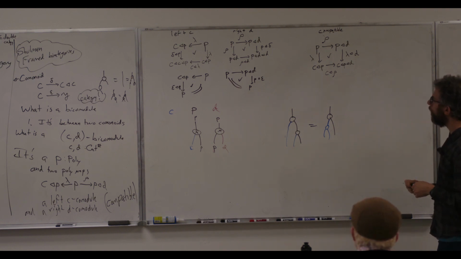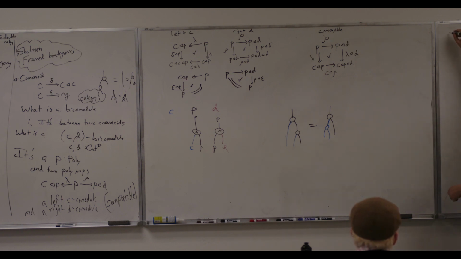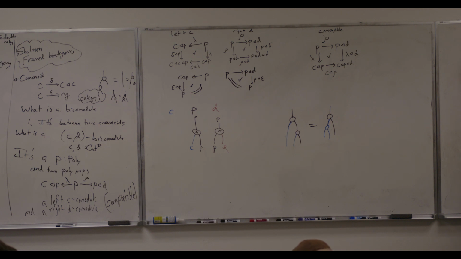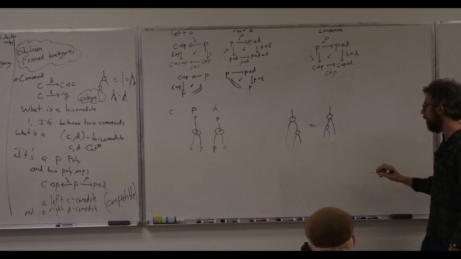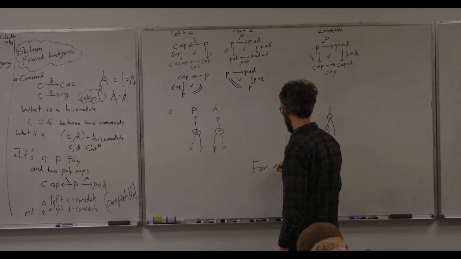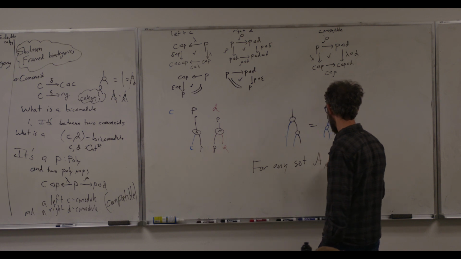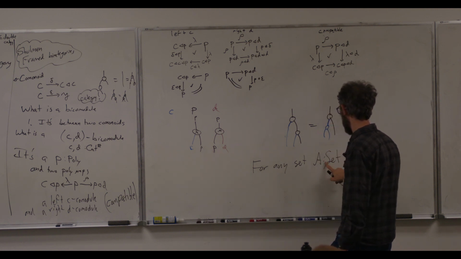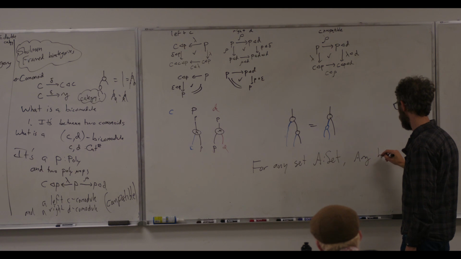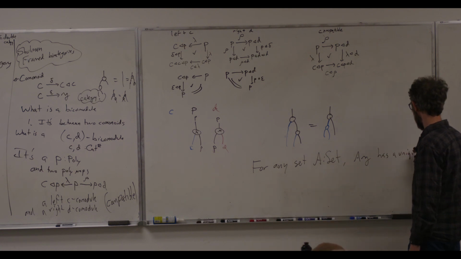Okay, so what I want to do first is there's various questions. What is a y-y bicomodule? It goes from P to y-composed P. Very quickly, for any set A, AY has a unique comonoid structure.